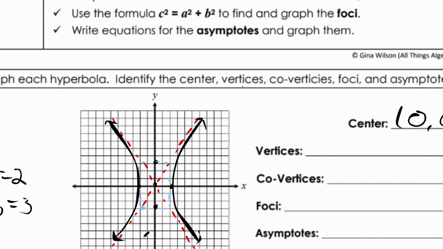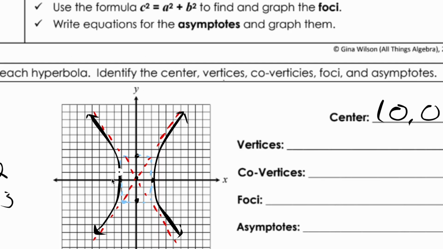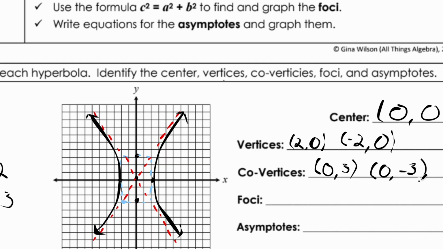Great. And so our vertices, if we just look at our graph, are going to be 2, 0, and then -2, 0. Our co-vertices are going to be 0, 3, and 0, -3.